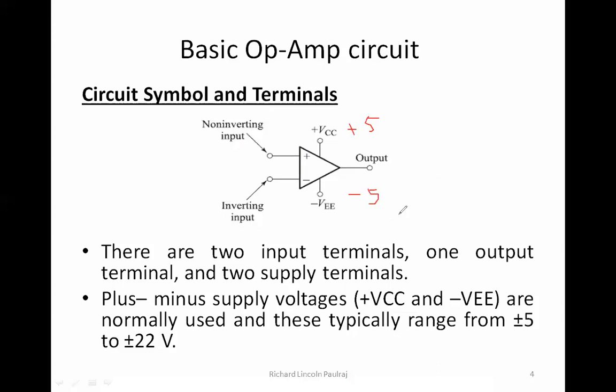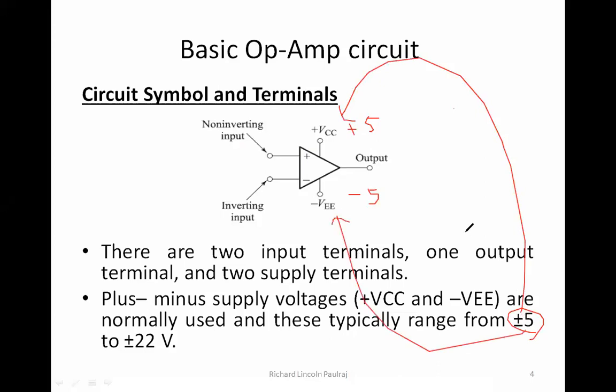This is minus 5. Here you are giving the negative voltage, here you're giving the positive voltage. Sometimes we refer to it as plus or minus 5. So this plus 5 is referring to VCC, and this minus 5 is referring to minus VEE.